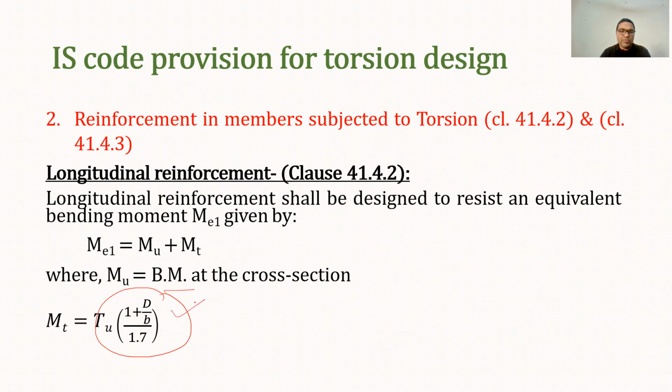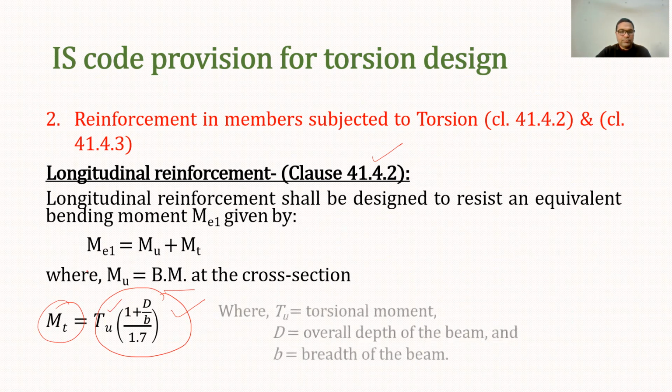This formula can also be accessed from this clause, so you can refer to it to get the value of MT. In this, TU is the torsional moment, D is the overall depth, and B is the breadth of the beam.